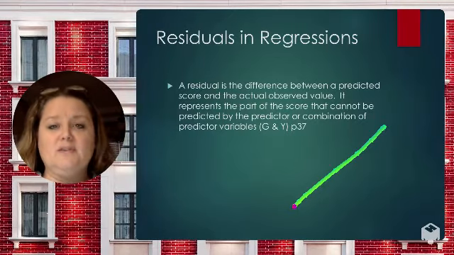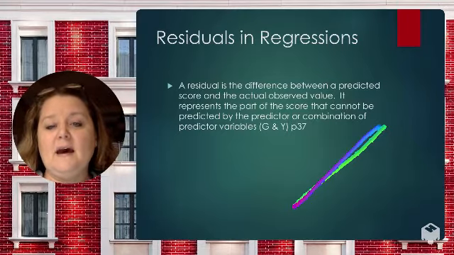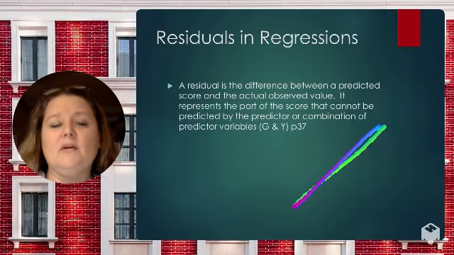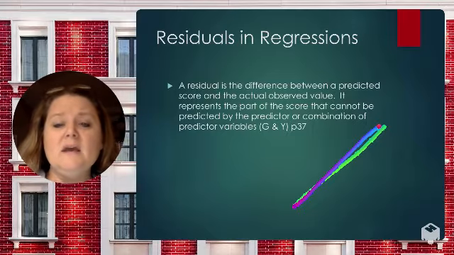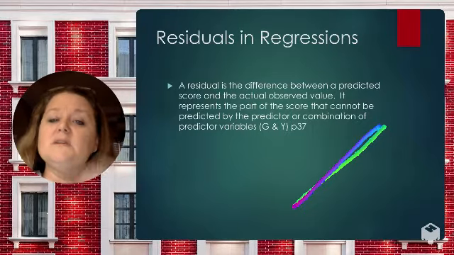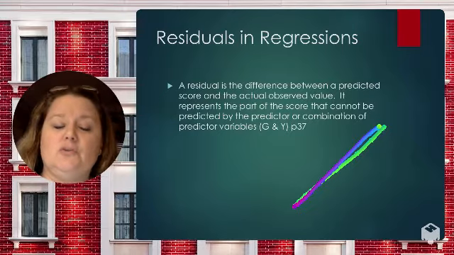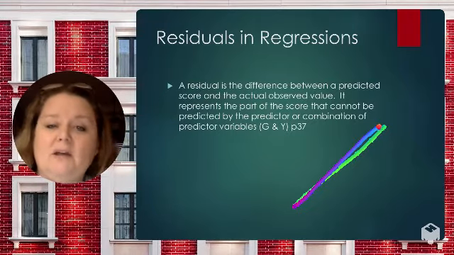That is, how far is my dot in this field of data from the line? Am I someone that's very far from the regression line, or am I somebody that's right on the line and my residual is practically 0? So everybody gets a residual value in addition to an X value and a Y value.